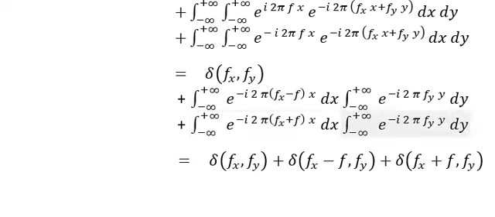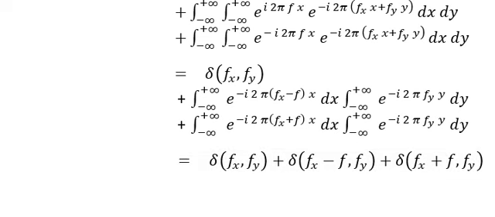So you see that in all these integrals the fy is a constant, the contribution from the fy integrals is the delta of fy, which we have combined in a two-dimensional form. So we have written the second integral as a delta of fx minus f comma fy, and we have combined the third integral also into two-dimensional delta functions as a delta of fx plus f comma fy.